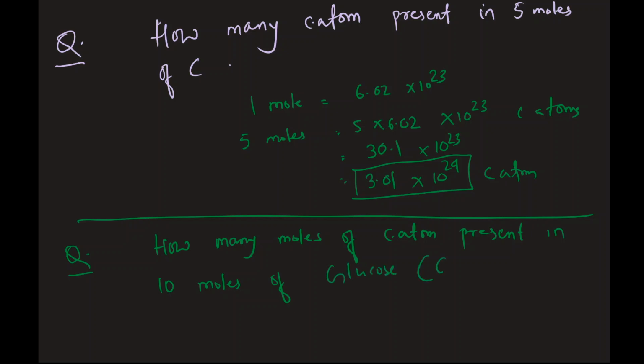So glucose is C6H12O6. This is one molecule. Our glucose is made up of 6 carbon atoms, 12 hydrogen atoms, and 6 oxygen atoms.